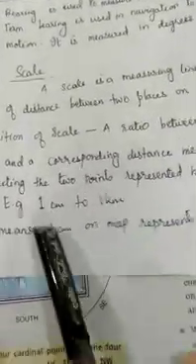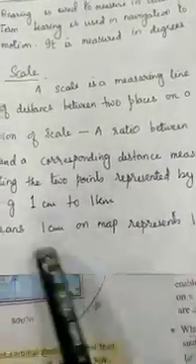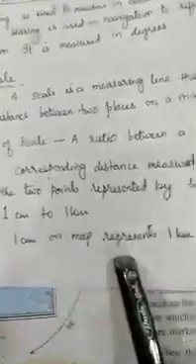For example, 1 centimeter to 1 kilometer. That means 1 centimeter on the map represents 1 kilometer on the ground.